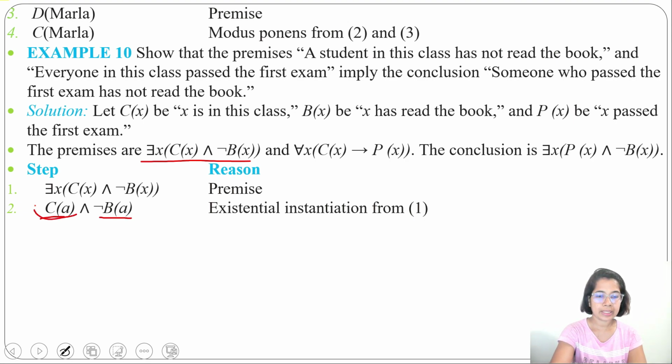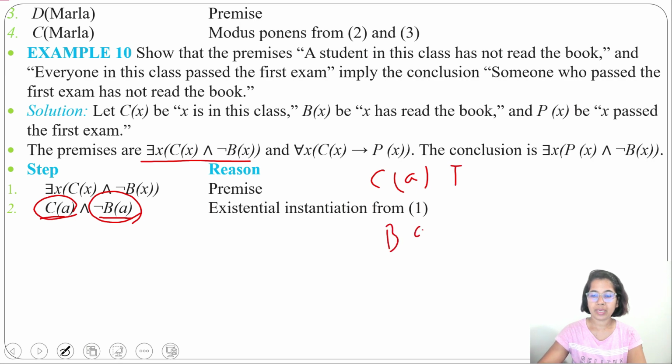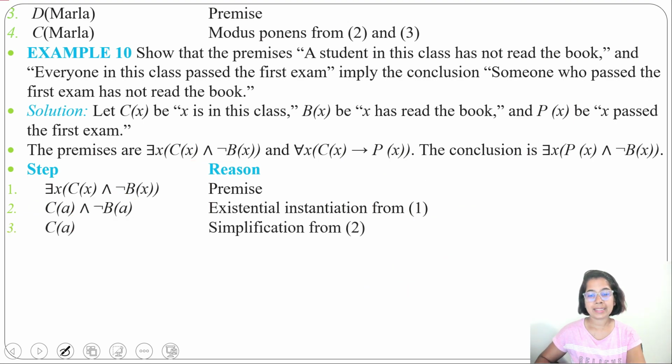So C of a is true and negation of B of a is true; B of a is false. By simplification from 2, C of a is true. a is a student who is in this class.